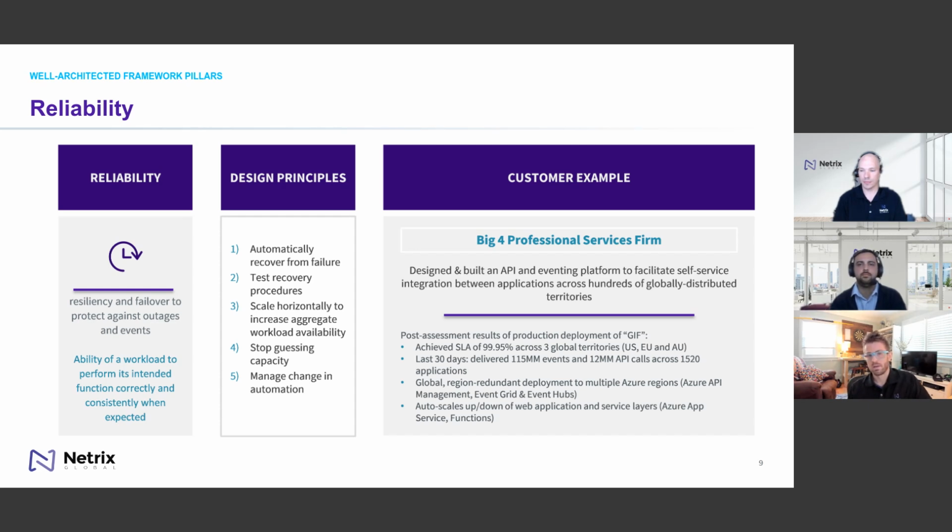So we needed to hit an SLA of 3 nines was the requirement, and this had to be not only redundant within our particular region, so redundant within the United States, but it also had to be redundant across multiple regions. So we actually ended up deploying to the US, to Europe, and to Australia.